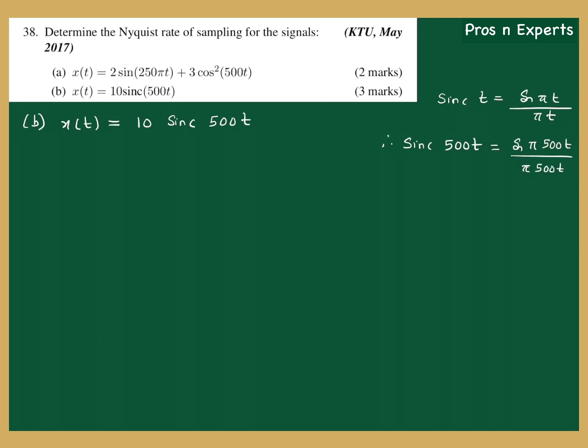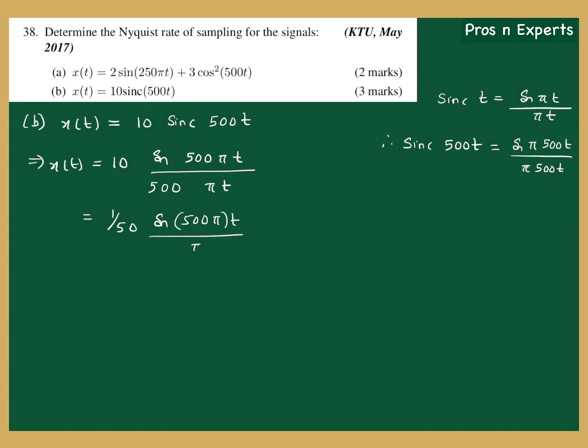Now I can rewrite x of t as 10 into sinc 500 t, which is sine 500 pi t divided by 500 into pi t, since pi into 500 t is 500 into pi t. So that is equal to 1 by 50 into sine 500 pi t divided by pi t.